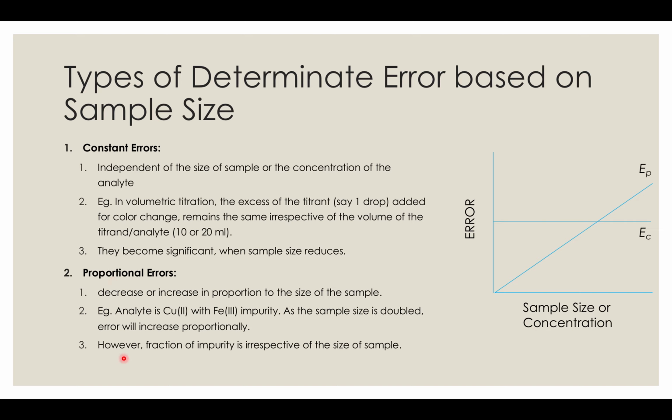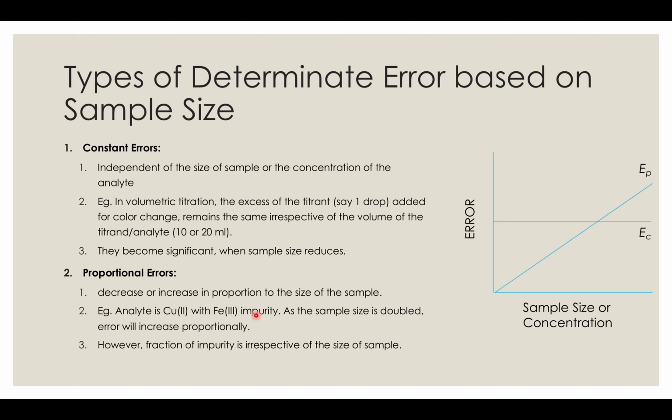Another thing is that the fraction of impurity is irrespective of the sample size. That means the percentage of impurity that you would be measuring for a 10-gram sample or for a 20-gram sample would be the same.